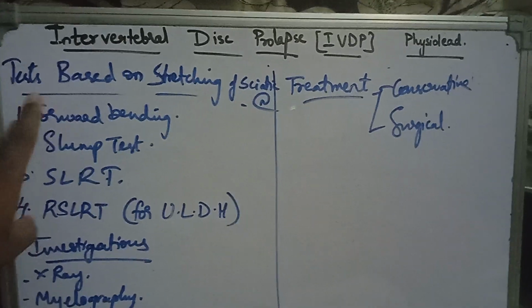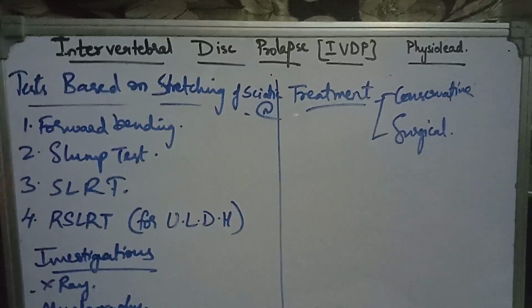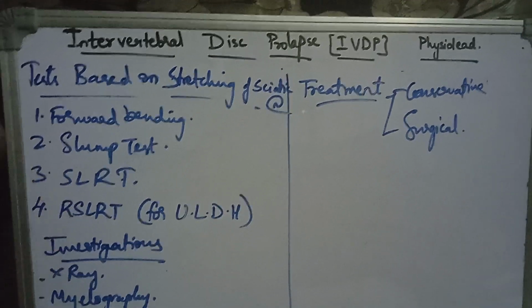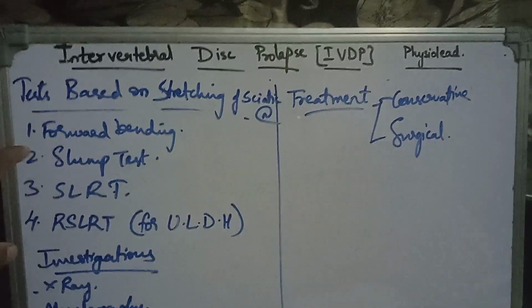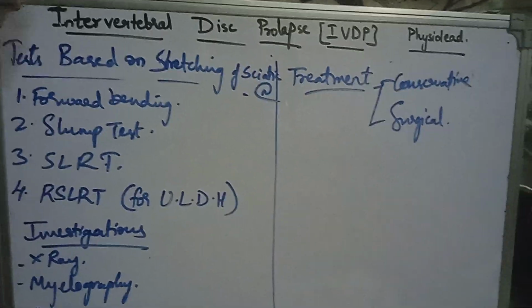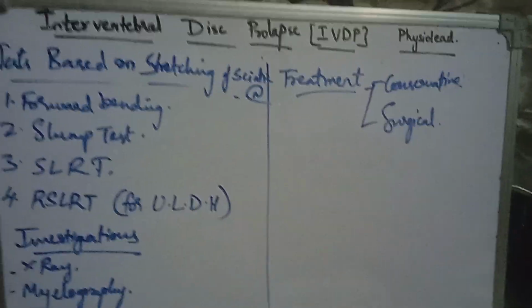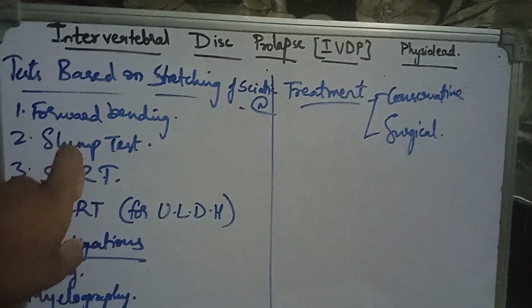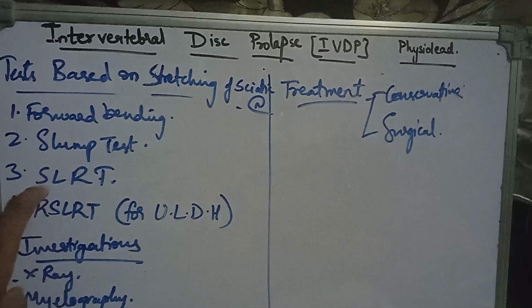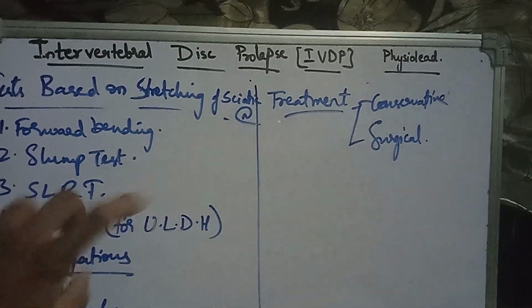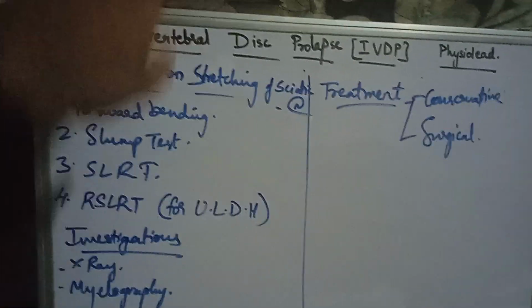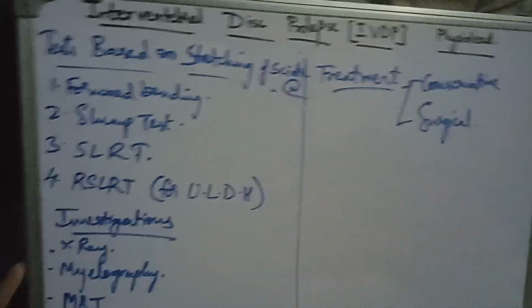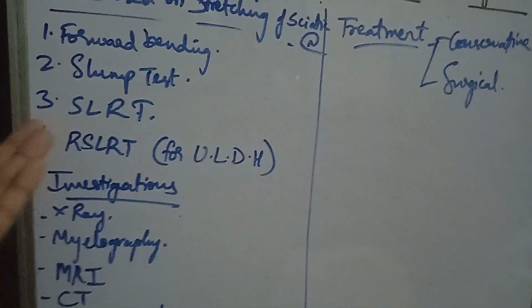Forward bending we do to touch the toes. Next, the slump test, where we sit on a chair, forward bend our neck and back, and then alternately raise both legs. Next, SLRT, the straight leg raise test, which will be positive at 30 to 70 degrees of elevation, indicating sciatic nerve stretch or sciatica.